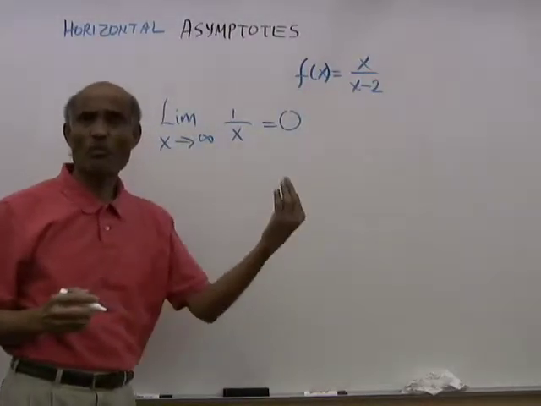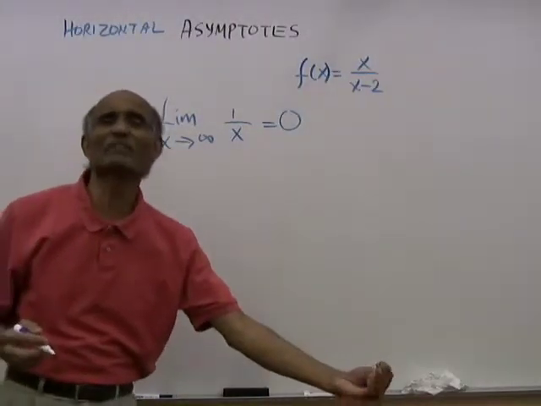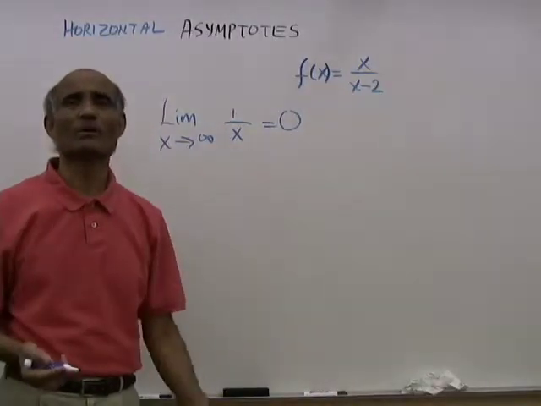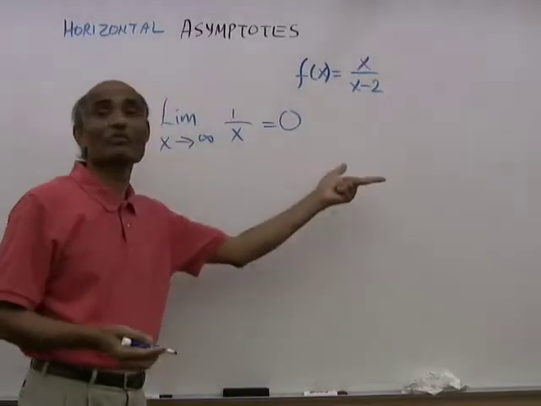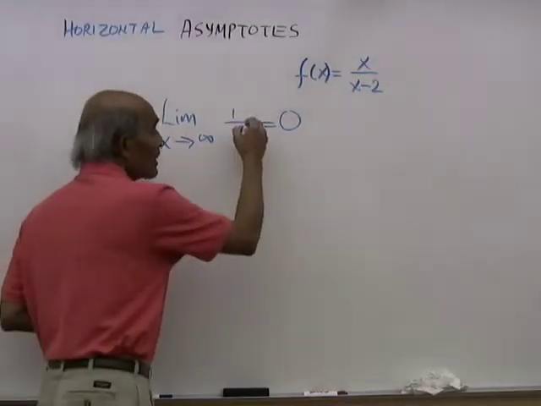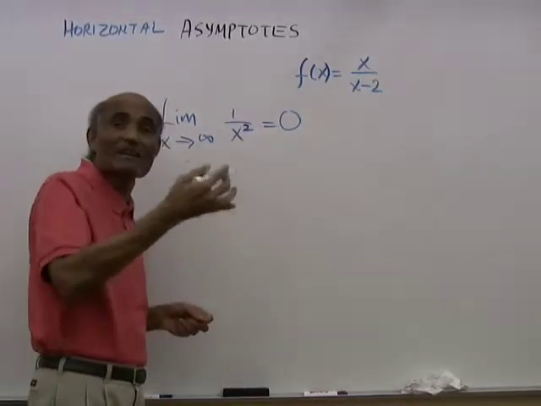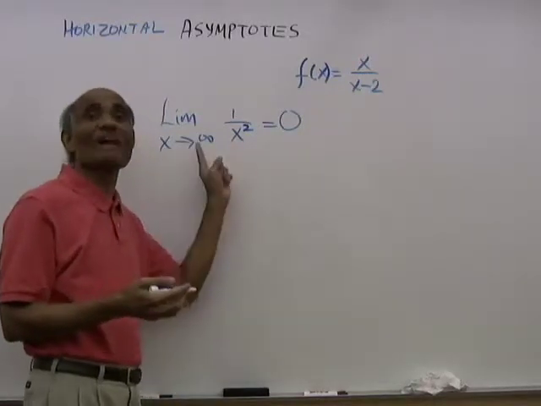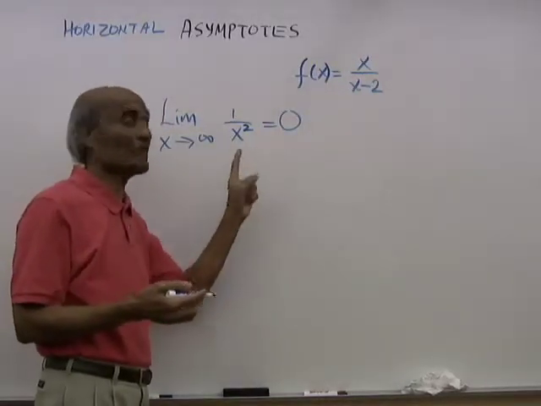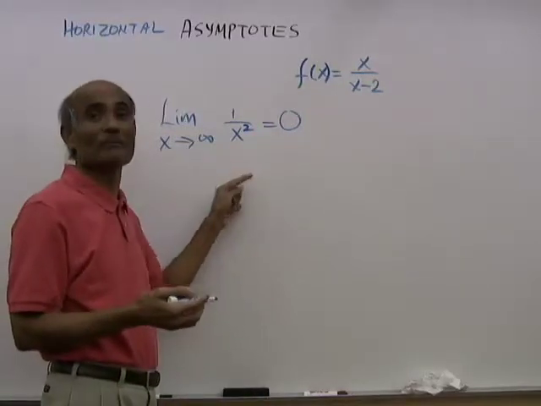Is that right? 1 over a trillion is very close to 0. So, limit x approaches infinity, 1 over x is 0, or 1 over x squared, or any power of x in the denominator, that limiting value will be 0. That is something that we're going to use here.